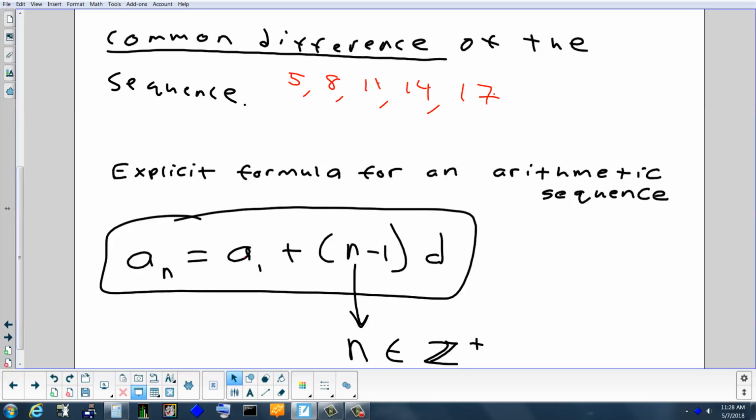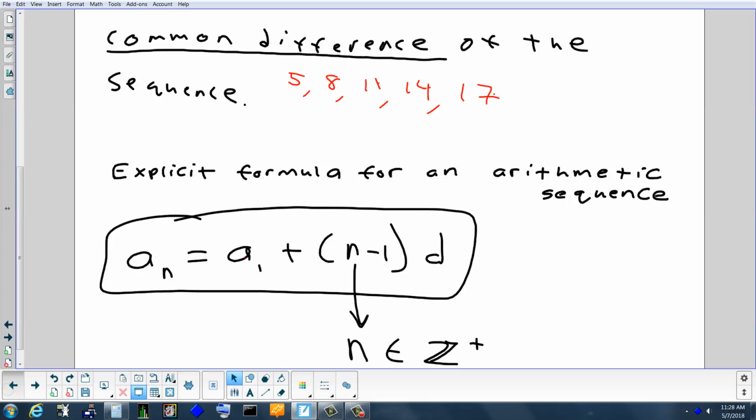So what I want to do is take that formula, go back to the problem we just had, and apply it and see how it works. So a sub n equals the first term plus n minus 1 d.